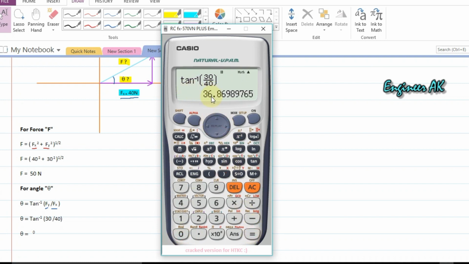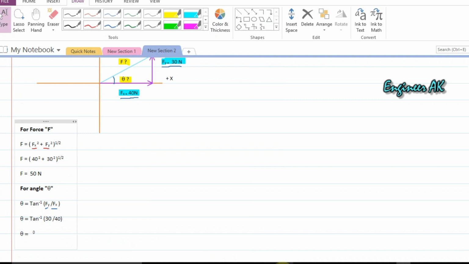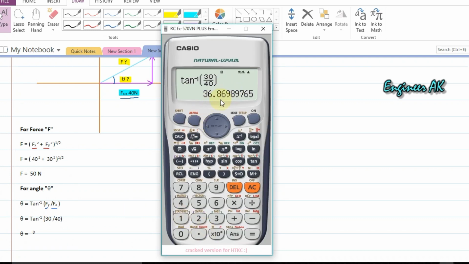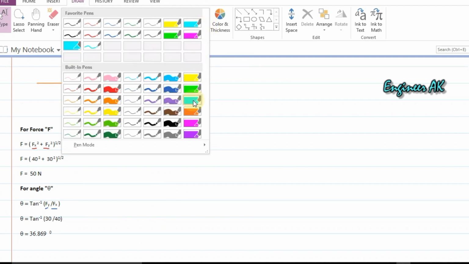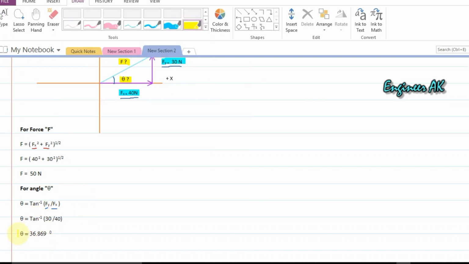It's giving us 36.869 degree. Let me take a lighter color; this yellow one is better. So this is the angle, and this is the resultant force.